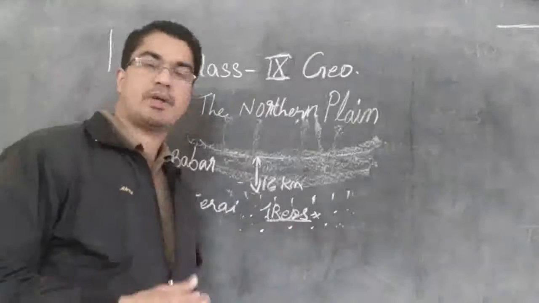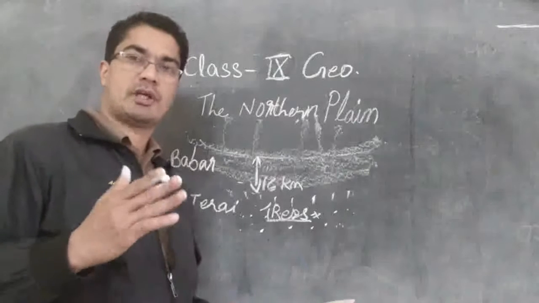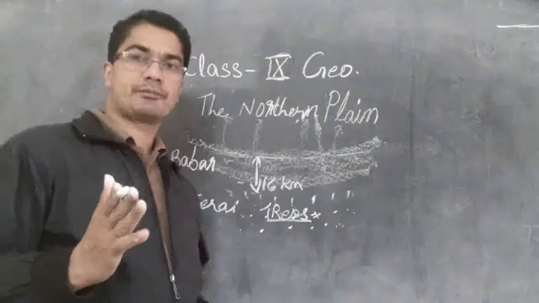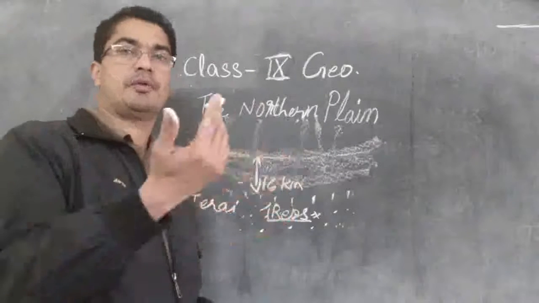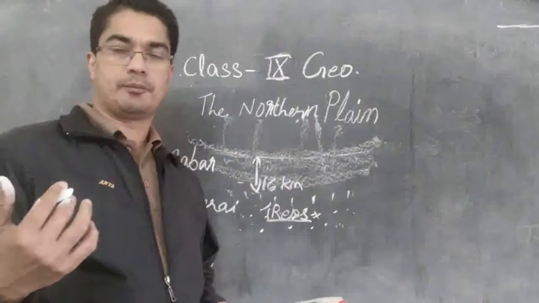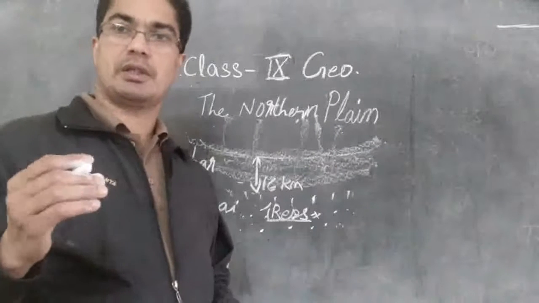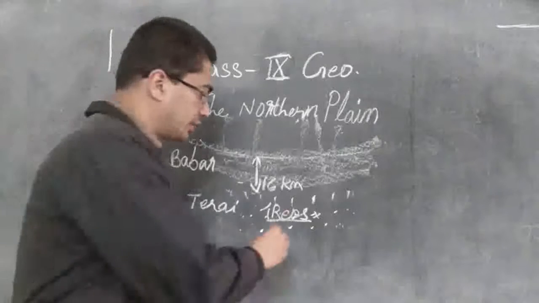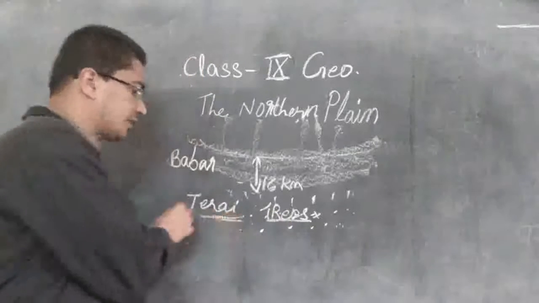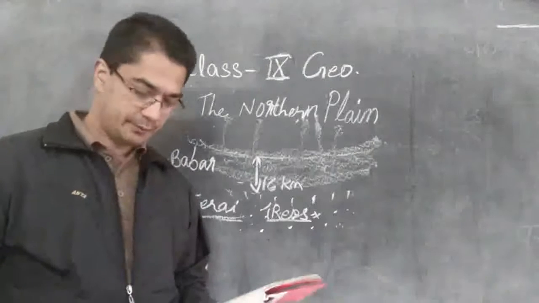Other areas they made into houses for settling people, because after partition of India, a lot of people were chased out from Pakistan. They were forced to come back to India, and so the government had to find a place for them to stay, to settle down, to make houses, and so this terai region was made use of for that, to help the people settle down there.